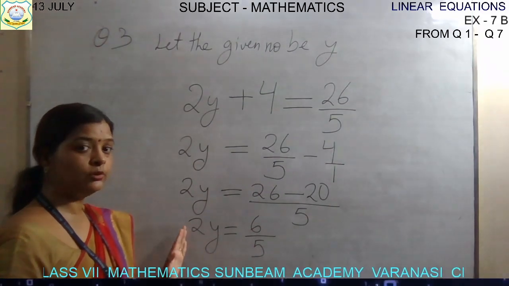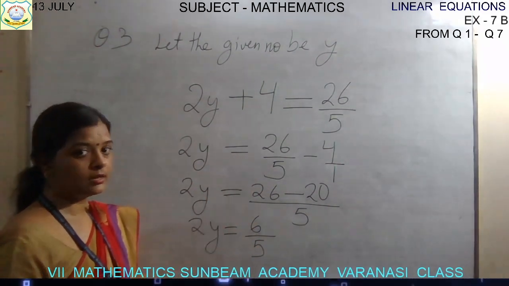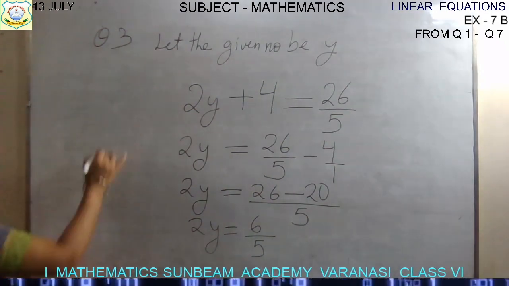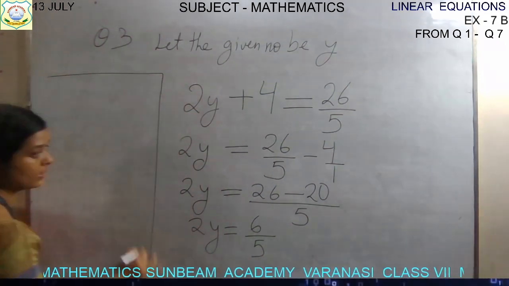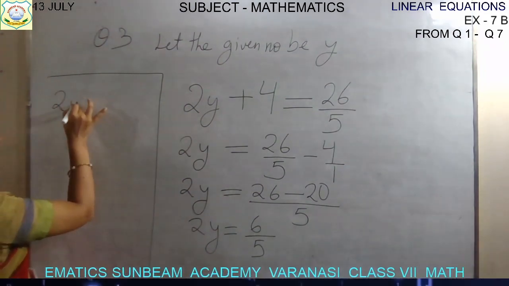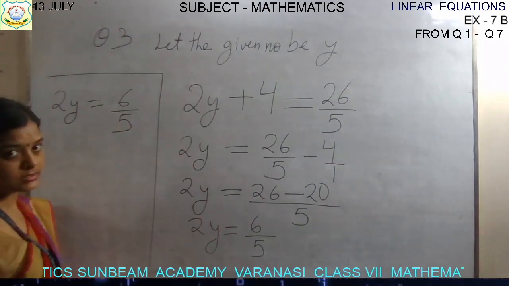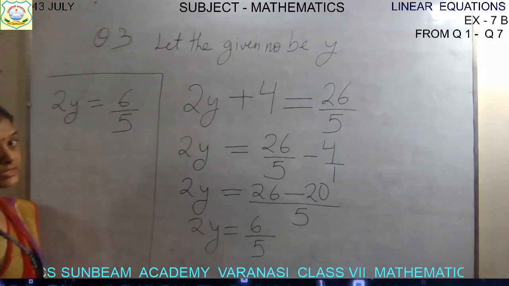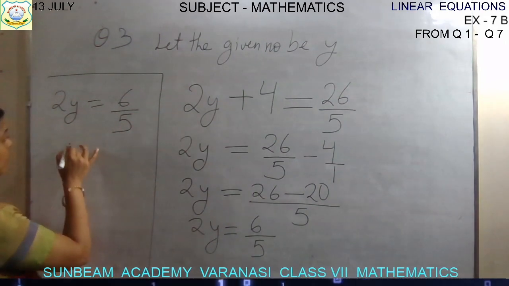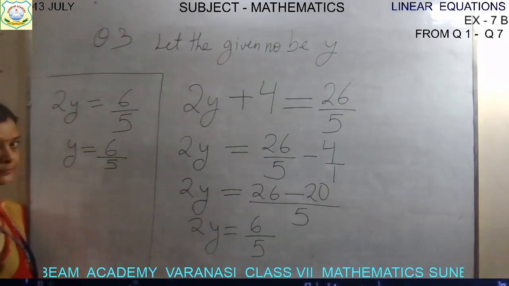So we have to transpose this 2 to the RHS. Now how will we transpose? See children, I am solving here. 2y is equal to 6 by 5. This is the last step. Now y is equal to 6 by 5 is already on this side.